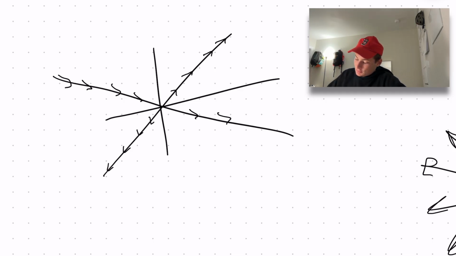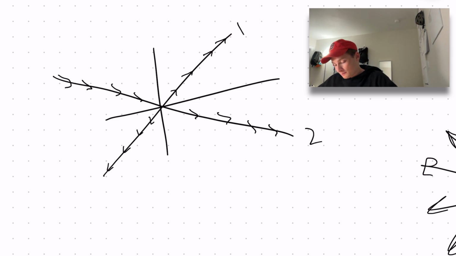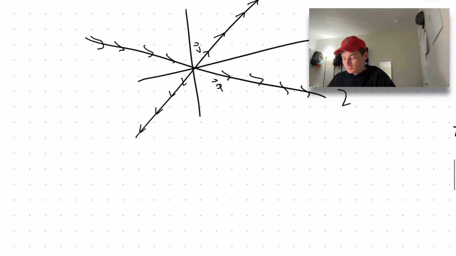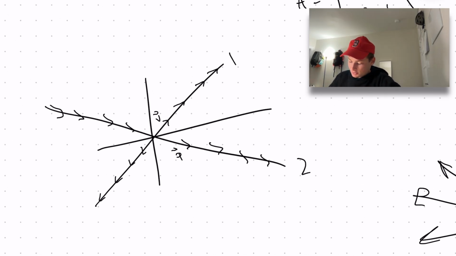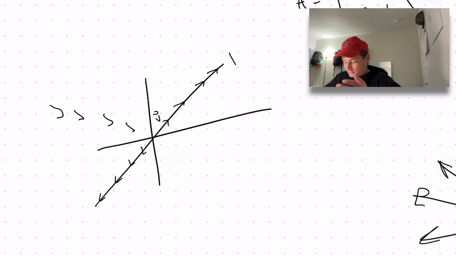So this is number 1, this is number 2, and these span the 2D space. I could select this one right here as V, and this one right here as P, and like we saw before, any combination of these two vectors will span the space. If I just had V, it wouldn't span the space because it's only going to span this line. Does that make sense? You can only go up and down this line. You're stuck on this line.